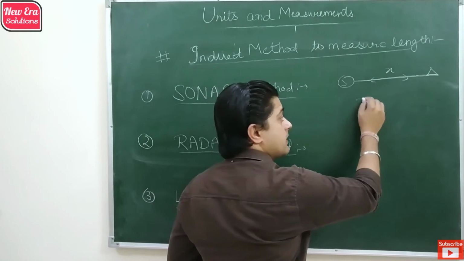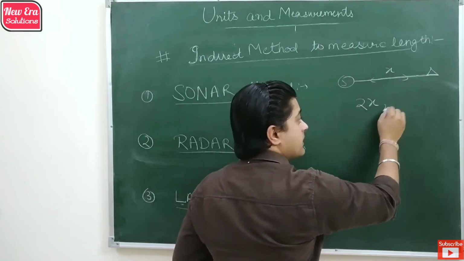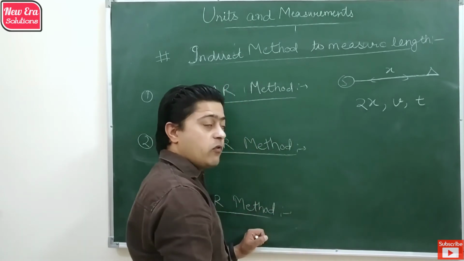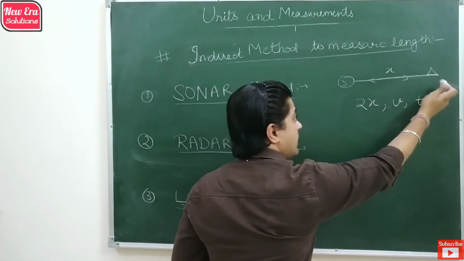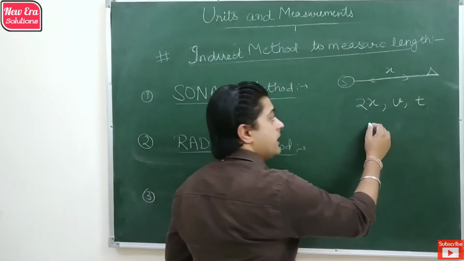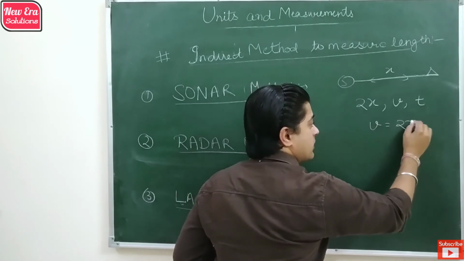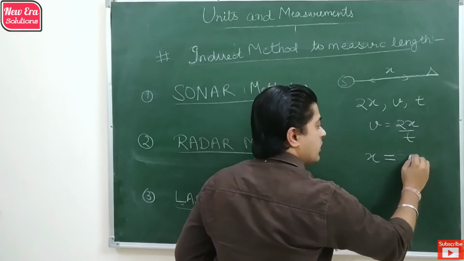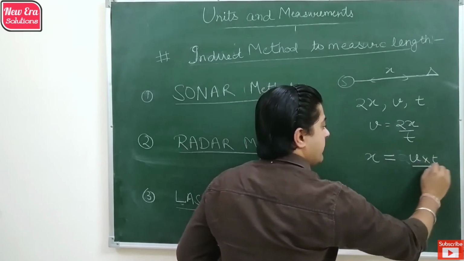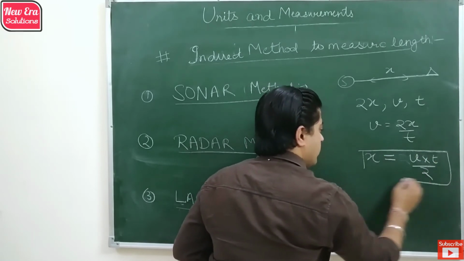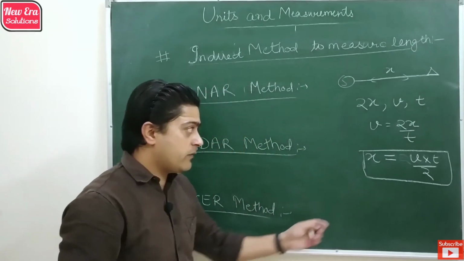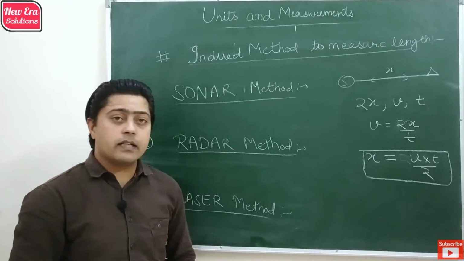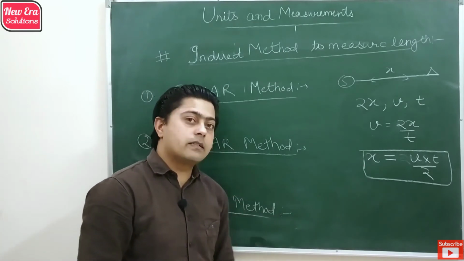So the net distance covered by the wave is 2x with velocity v in time t. Here t is the time of observation from source to object and object to source. Then velocity is total distance upon time, so distance is equal to velocity into time divided by 2. For different waves, the velocity is different. By putting in the value of velocity, we can calculate the unknown distance.